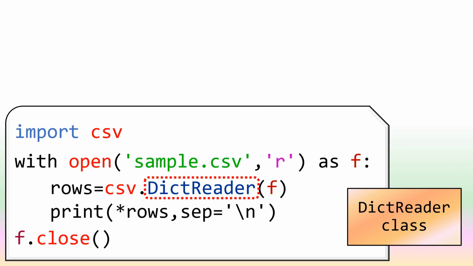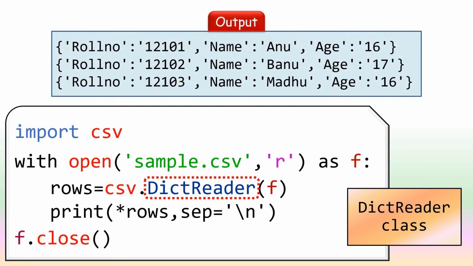The DictReader class of the CSV module will read each record in the form of a dictionary. Here, the elements are enclosed within curly brackets, and each element is in the form of a key-value pair, key colon value. Roll number colon 12101, comma, name colon Anu, comma, age colon 16. Each key and its value are enclosed within quotes.